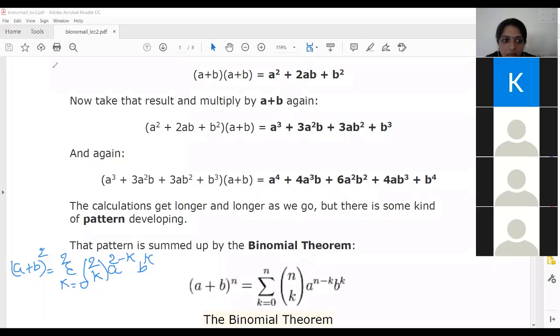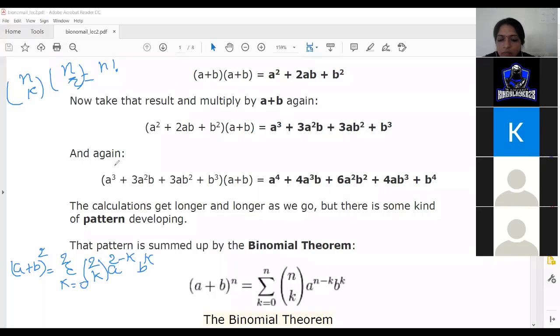nCk is nothing but nCr. And you are very well aware about nCr. Please unmute yourself and give me the answer of nCr. The formula is n factorial upon r factorial into n minus r factorial. Very good.